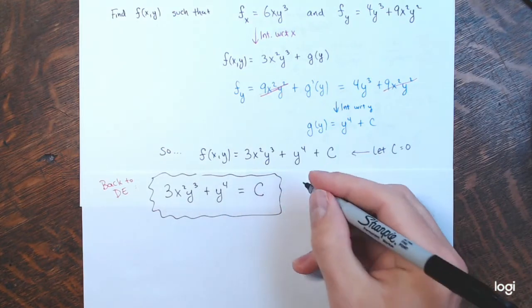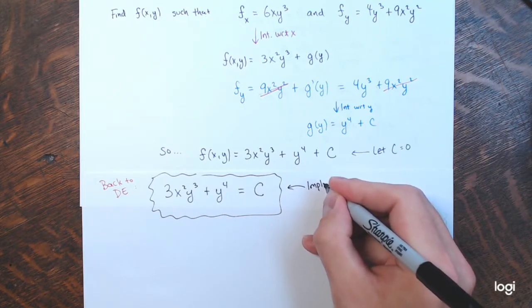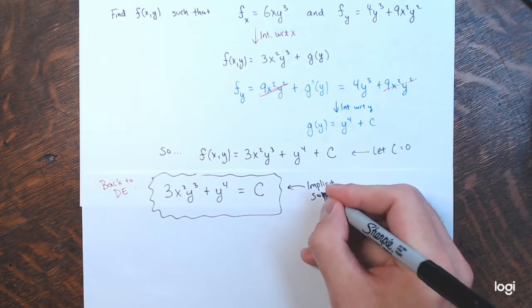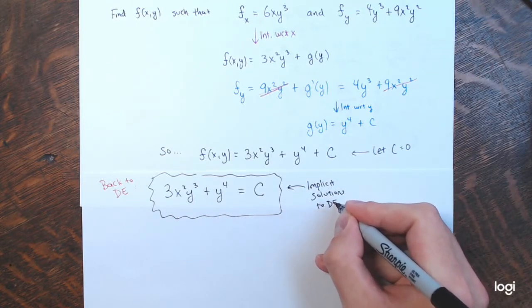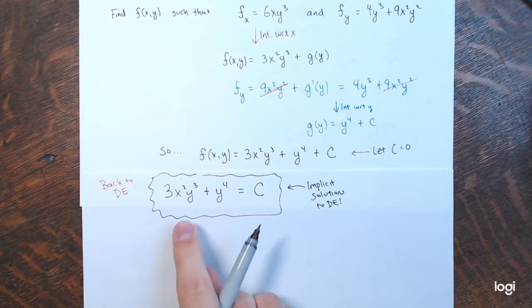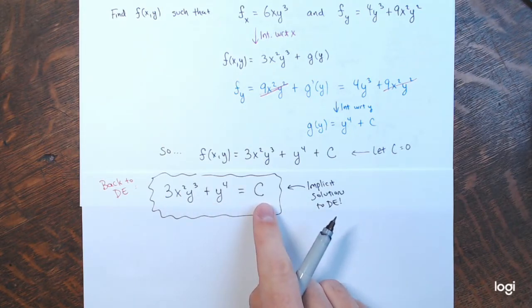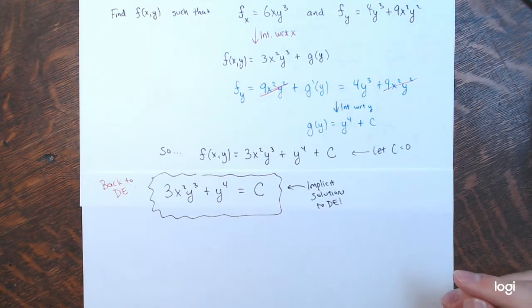Here's a family of implicit solutions to our differential equation. So any curve that looks like this is going to satisfy our equation.